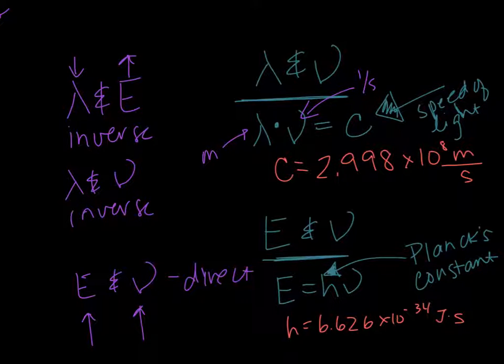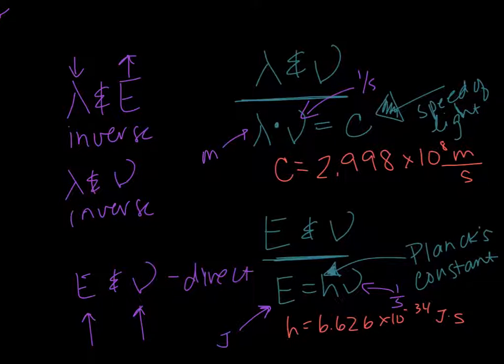And then the same down here for this equation, energy always has to be in joules when you use this equation with this value for H, and frequency always has to be in inverse seconds. So if it's in any other unit, you have to change it before you put it into the equation.